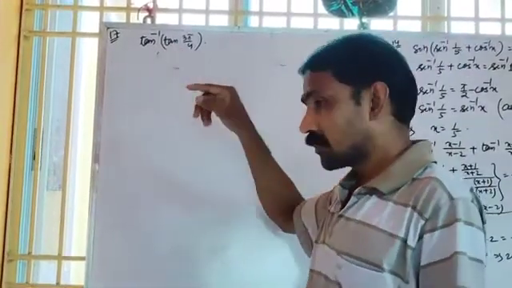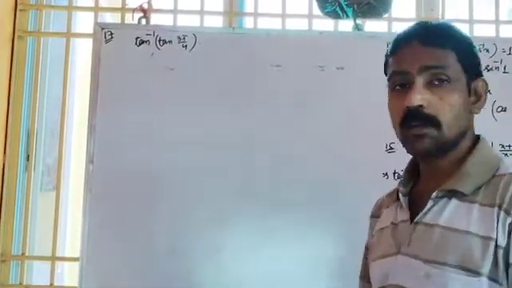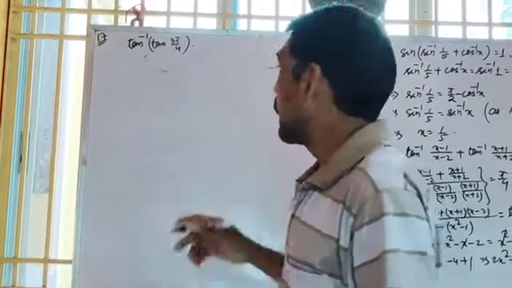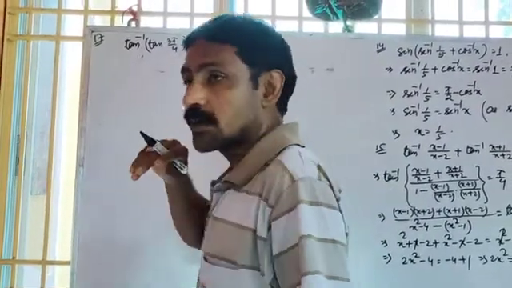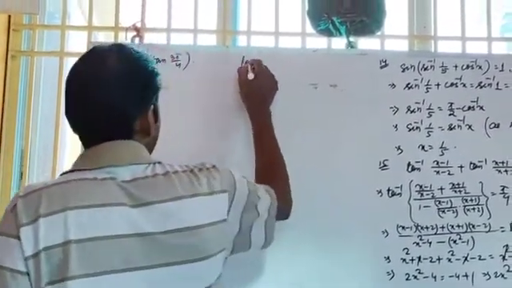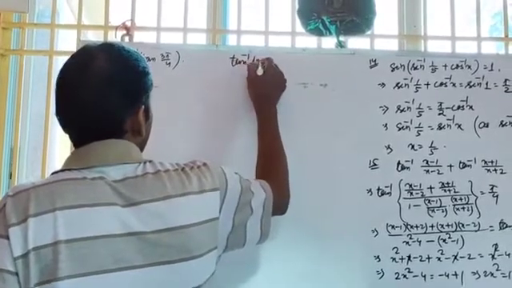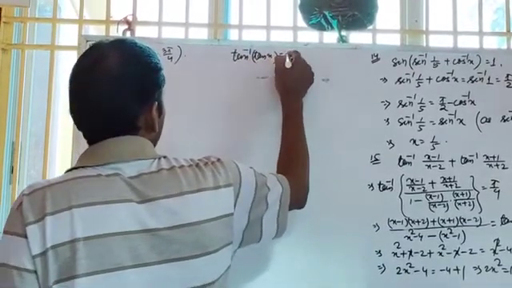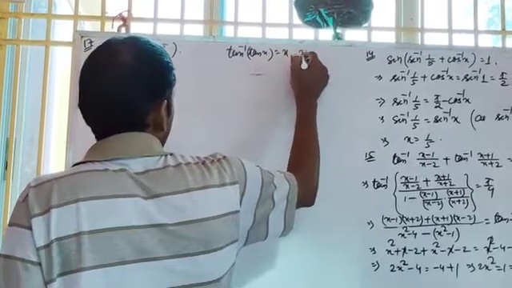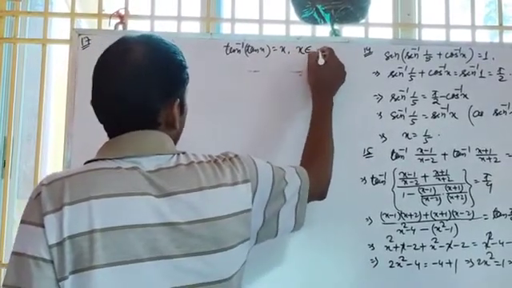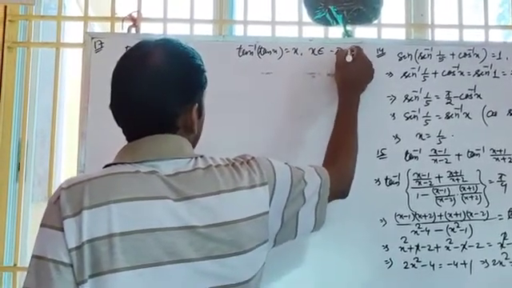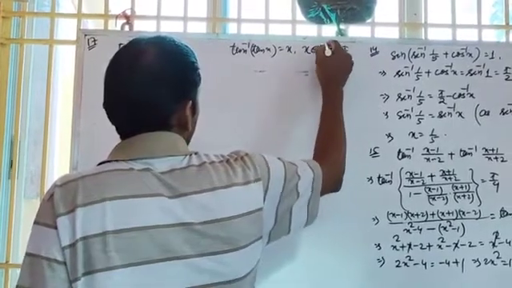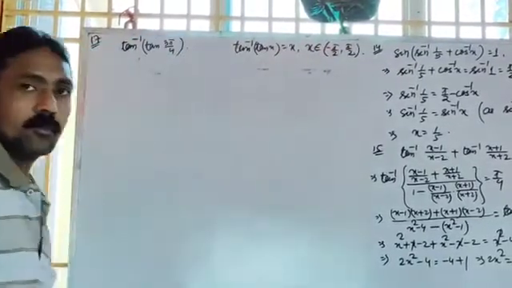In tan inverse of tan x, the value will be equal to x, where x belongs to the open interval minus pi by 2 to pi by 2.